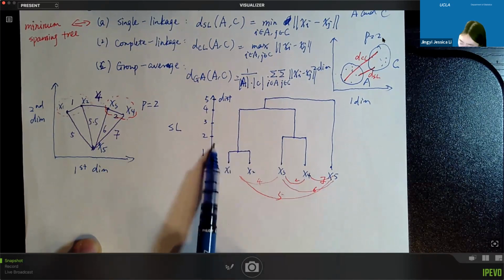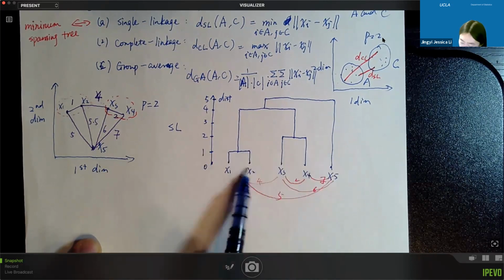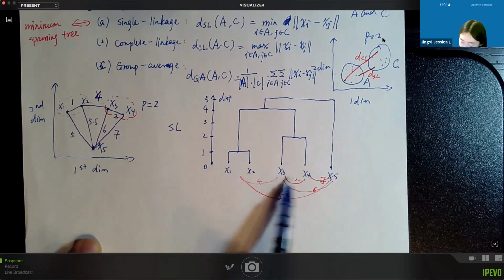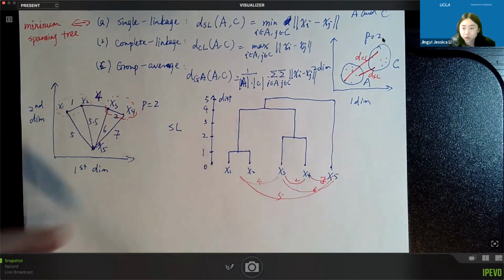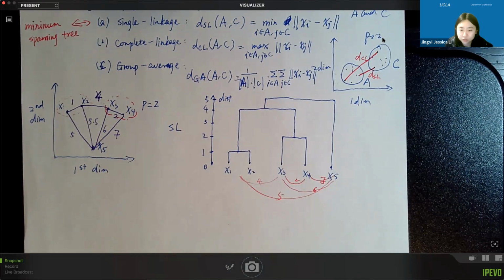If I cut between 1 and 2, I can get 4 clusters, this, 3, 4, 5. And if I cut here, I'm going to get 5 clusters. So hierarchical clustering can allow you to get any number of clusters from 1 to n. And for k-means clustering, you don't have this nested structure.